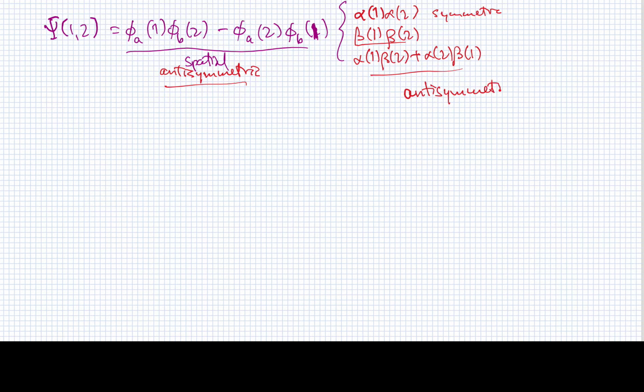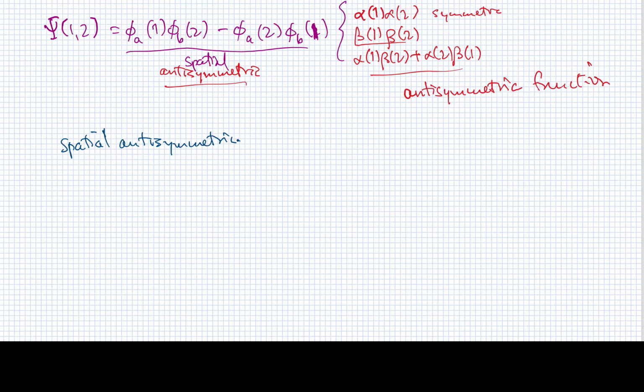So what we see from this is that how we combine our spatial and our spin parts matters because of the way that electrons as fermions must be antisymmetric with respect to particle interchange. Now I'll note that in doing this, if the spatial part is antisymmetric, what does that tell me about the spin part?